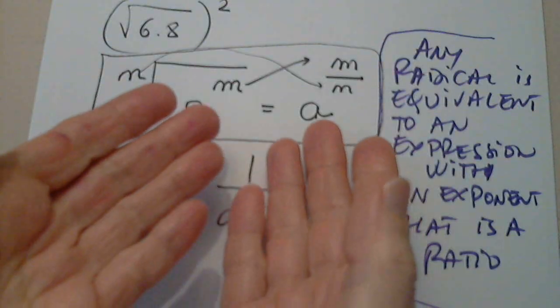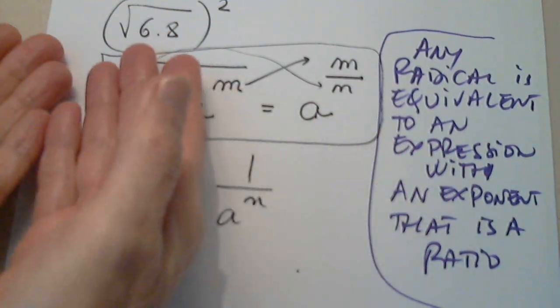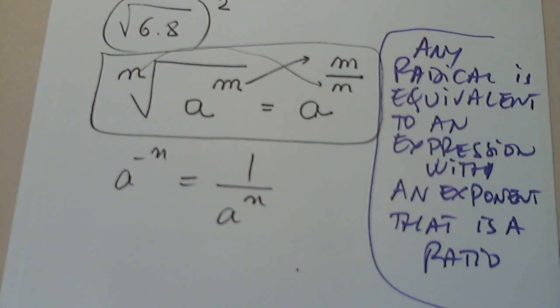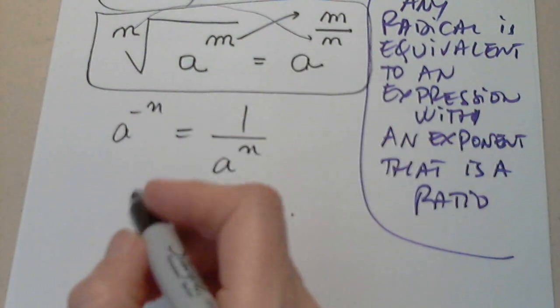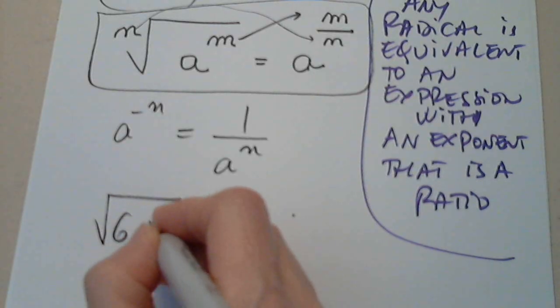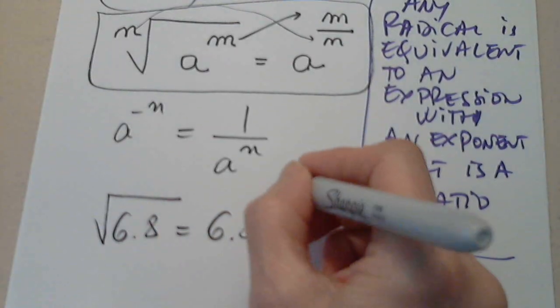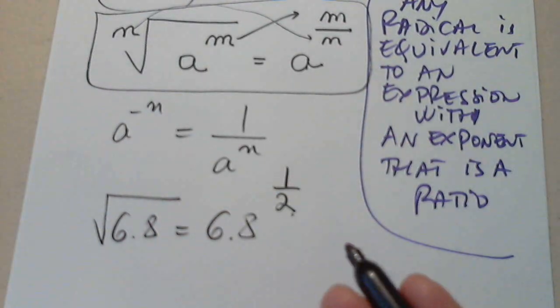And you can say, what are you talking about? How are these connected? Here is the way they are connected, and why the answer is what it is. It is because the square root of 6.8 is 6.8 raised to 1/2. Where does this come from?